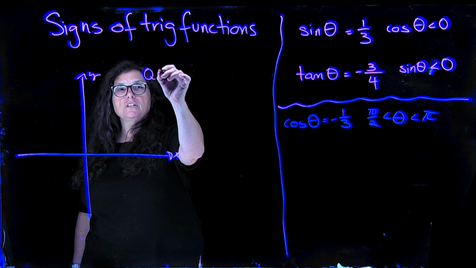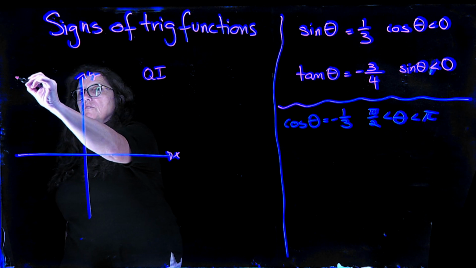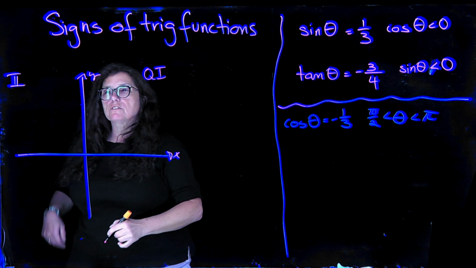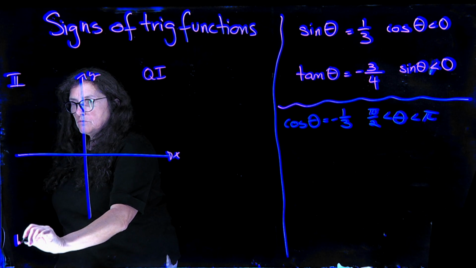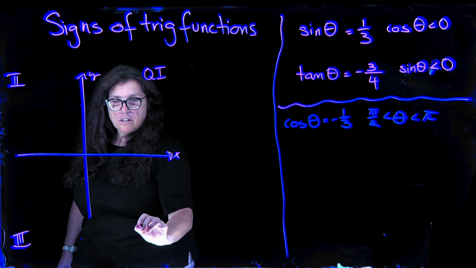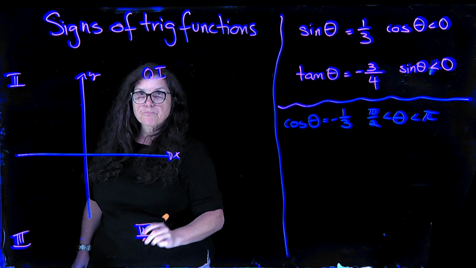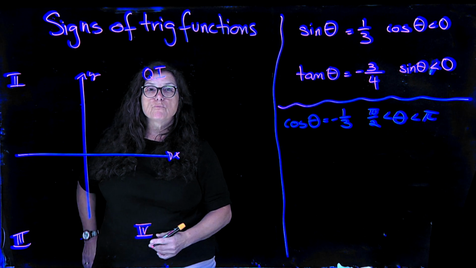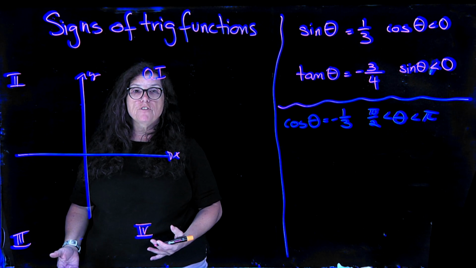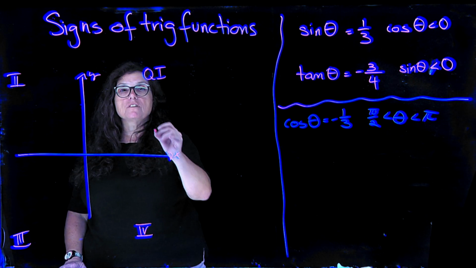So we have Q1 here, quadrant 1, and we go counterclockwise: quadrant 2, quadrant 3, and quadrant 4. Now in quadrant 1, all trig functions are positive.